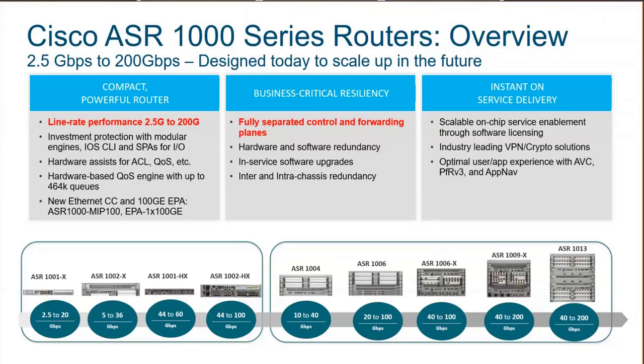For example, for crypto solutions in some of these ASR 1001X or 1002X, you'll have a default crypto chip, but if you want to increase the crypto throughput, then you can upgrade that particular chip, which will provide you more throughput. So this is a brief about how the chassis are and what they offer, the ASR1K family. Let's deep dive into how the internal hardware system works.